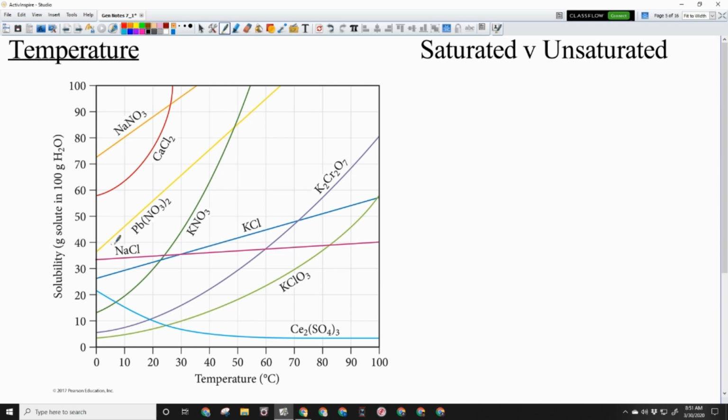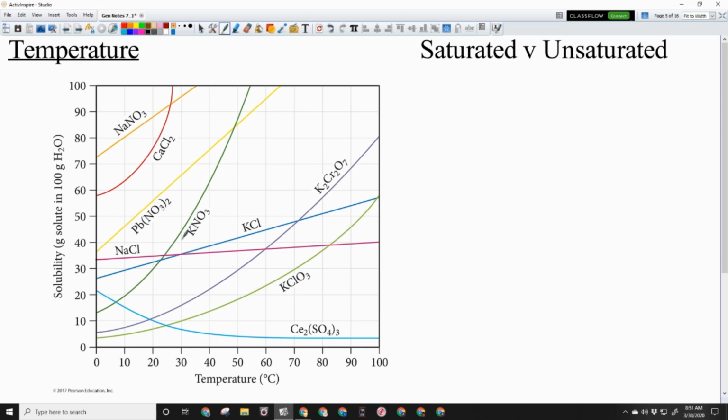At boiling, this can hold 40 grams of salt instead of 33 or 32. Okay, so it only goes up very, very slightly. Now, if we compare that to potassium nitrate, at 0 degrees, potassium nitrate can hold 12, but look how steep this curve is, okay? So at 53 degrees, it can hold 100 grams of potassium nitrate.